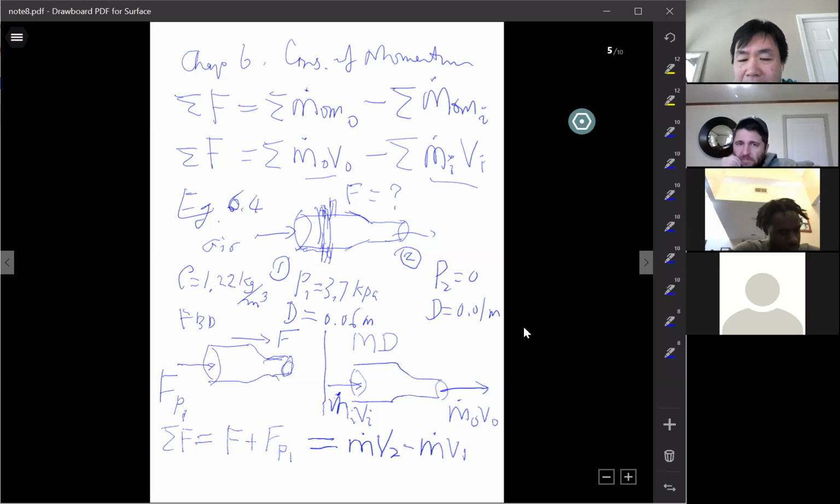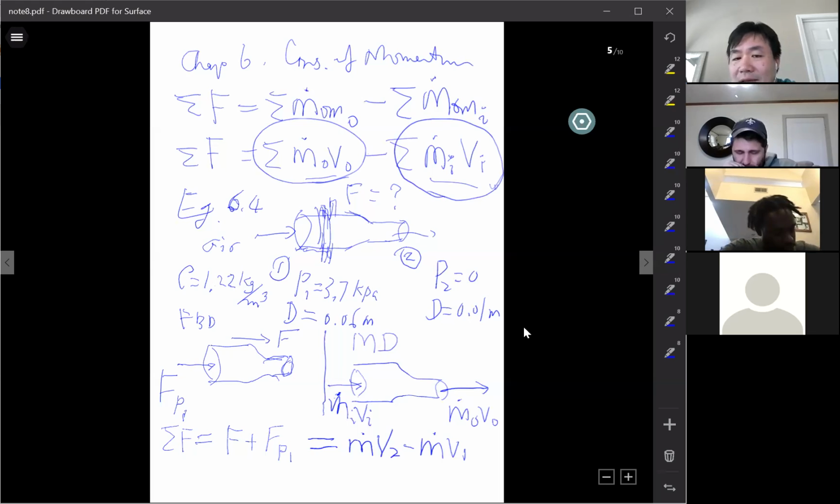The minus sign here is from the equation. When I talk about this general equation, it's momentum out minus momentum in. I'm sorry, I said mass flow rate out.